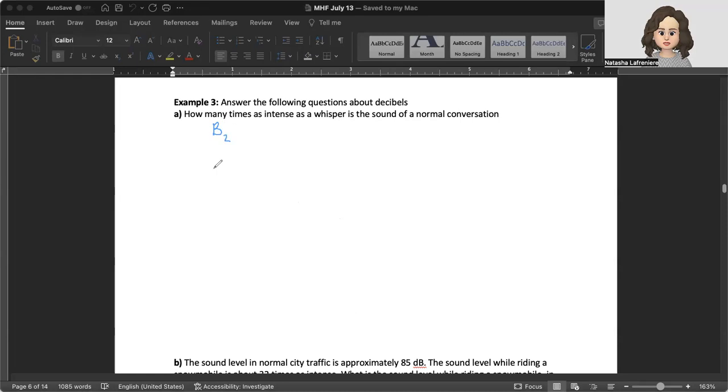So how many times as intense as a whisper is the sound of a normal conversation? So I can't go back up onto the scale, but if you look at the scale, a normal conversation was rated at a 60. And then your B1 would be your whisper, which was rated at a 30.